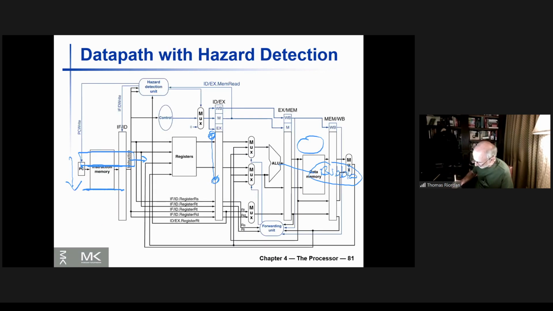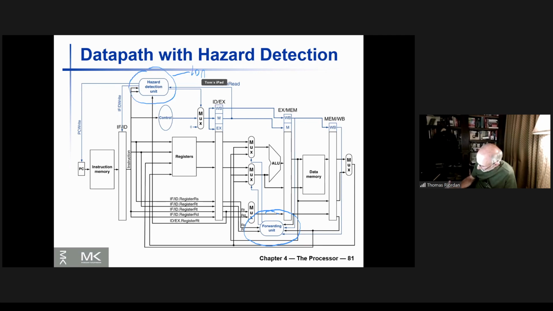So here's the schematic. And so here is our forwarding unit that we just learned about how it works. So it's still there, just doing the same old thing as it was. And now we have this load to use hazard detection unit here, as shown.